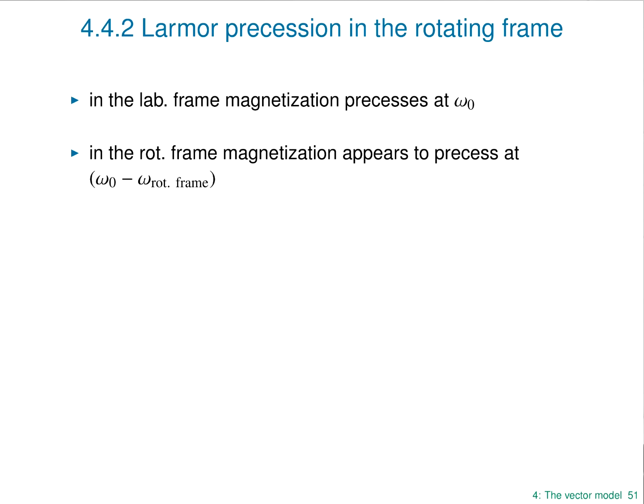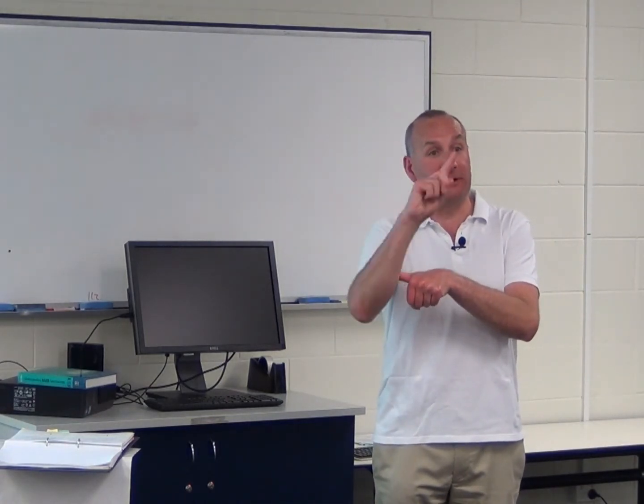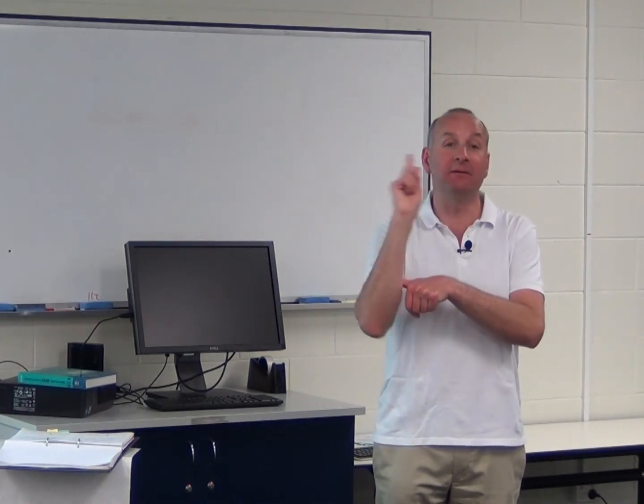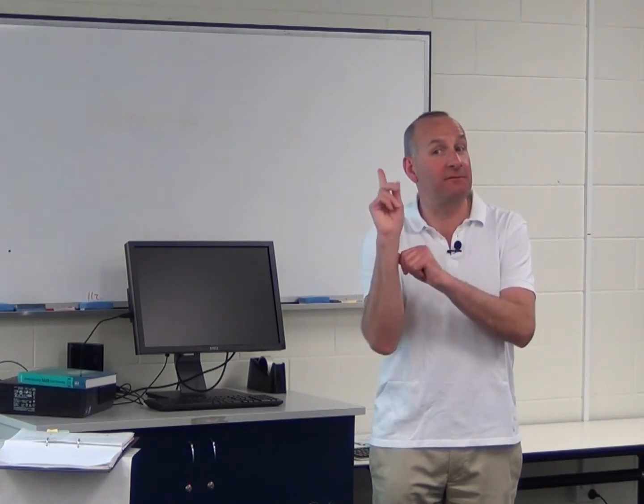So if you look at the Larmor precession in the rotating frame, it actually appears to be going slower, because the precessional frequency will be the difference between the rotating frame frequency and the actual Larmor frequency. For example, to take a concrete number, if the Larmor frequency was 100 Hertz, that's very slow, but anyway, if it was 100 Hertz and the rotating frame was going at 99 Hertz, when you were in the rotating frame, it would make it look as if the Larmor frequency was just 1 Hertz.